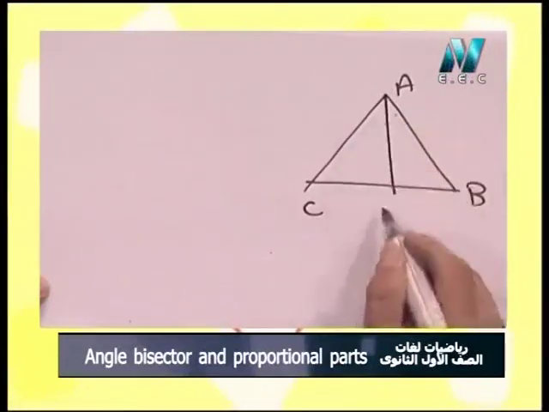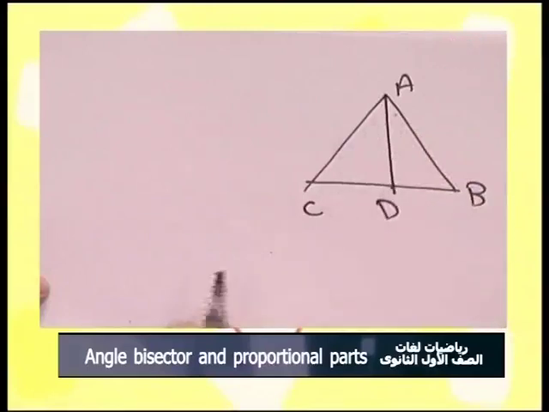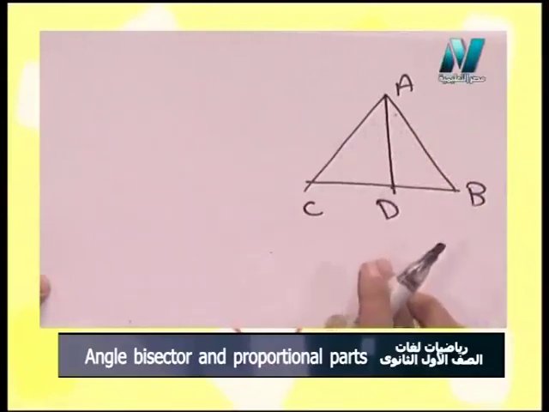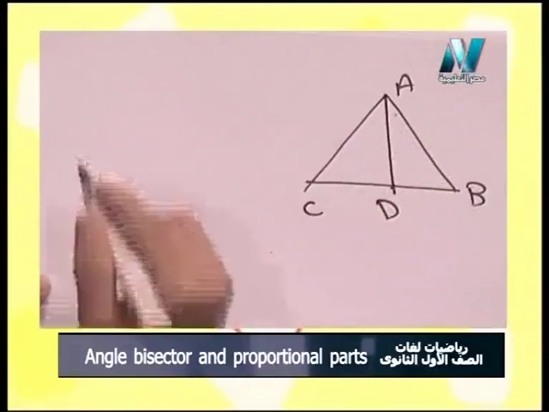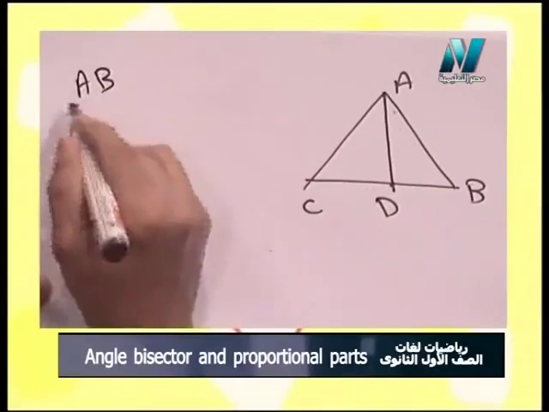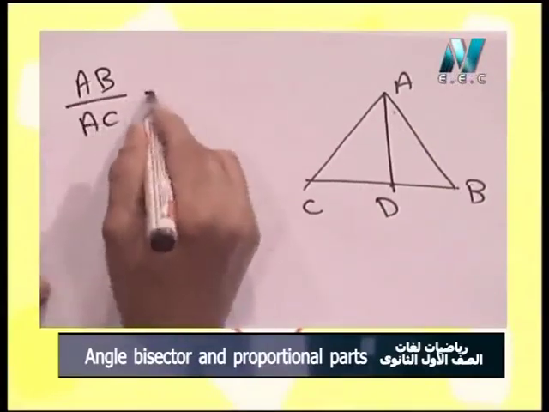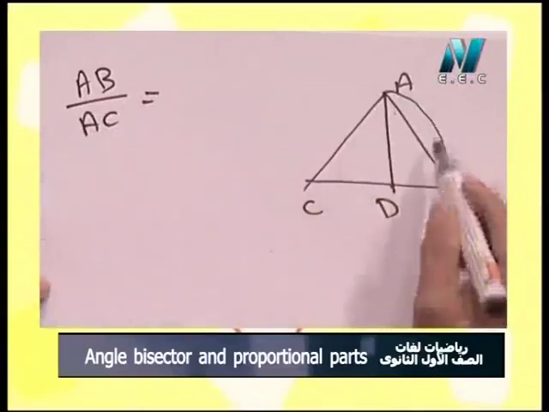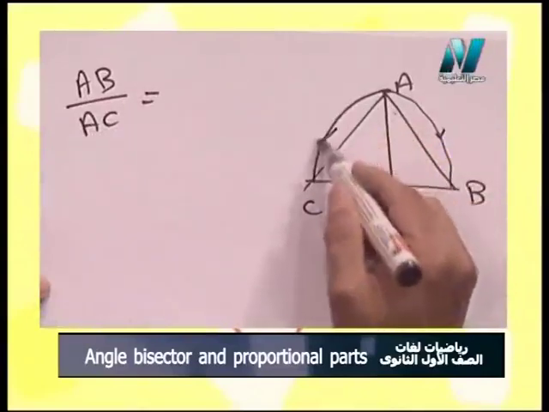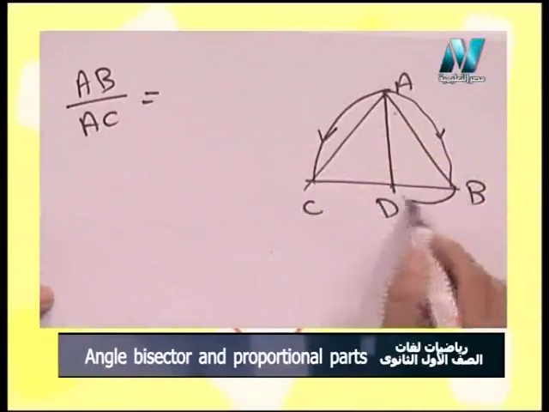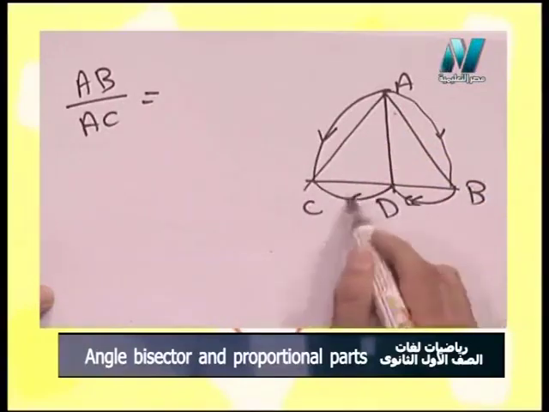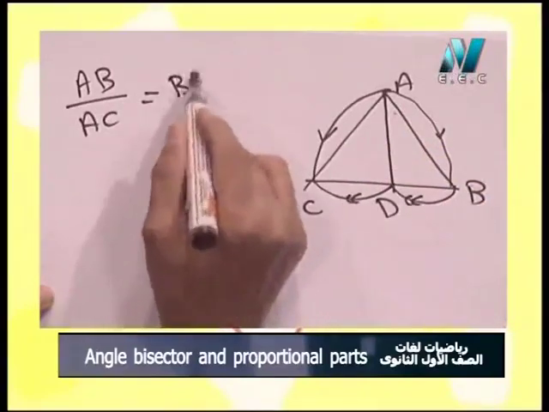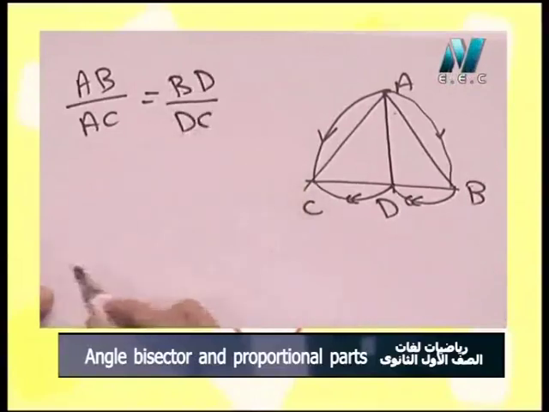and we have a side here, we call it BD, and we have the relation that AB over AC equals BD over DC. Then we deduce what?